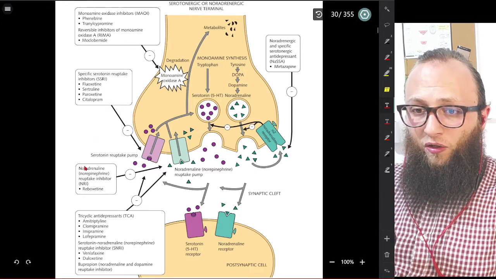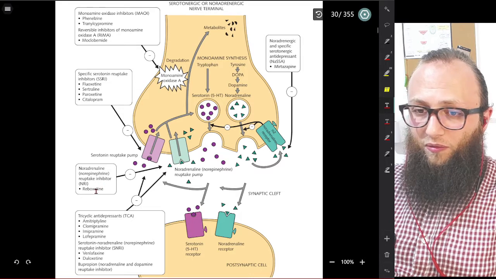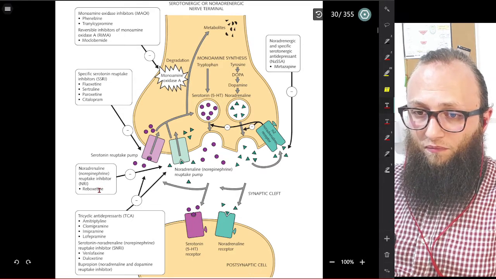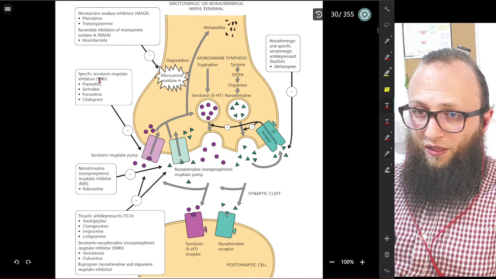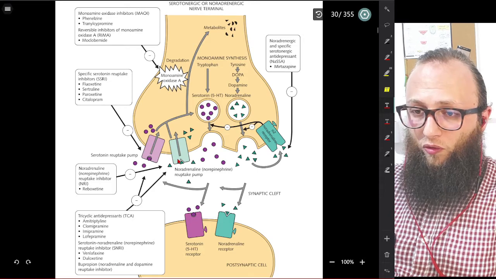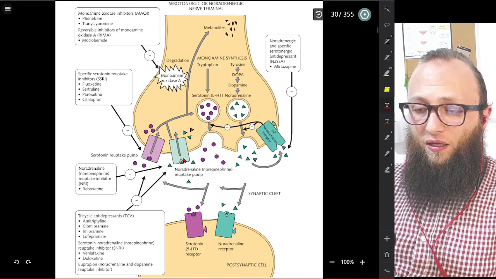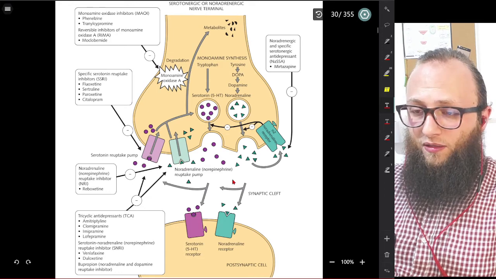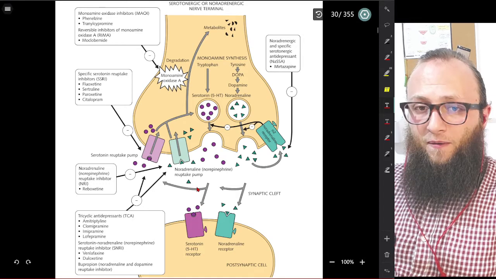Other drugs like noradrenaline reuptake inhibitors or norepinephrine reuptake inhibitors, like reboxetine and atomoxetine, work like SSRIs but on the norepinephrine reuptake pump, or what we call norepinephrine transporter.